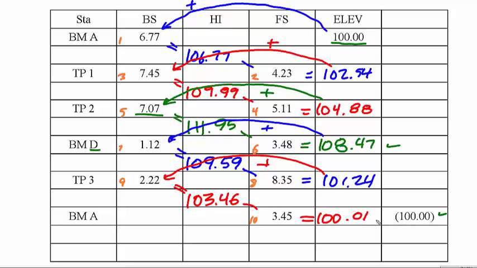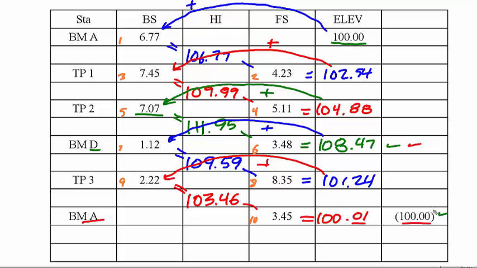This shows that I have been able to measure out to benchmark D and return to benchmark A in such a way that I'm coming very close indeed, one hundredth of a foot, 0.01, to the starting elevation, meaning I have very small error.